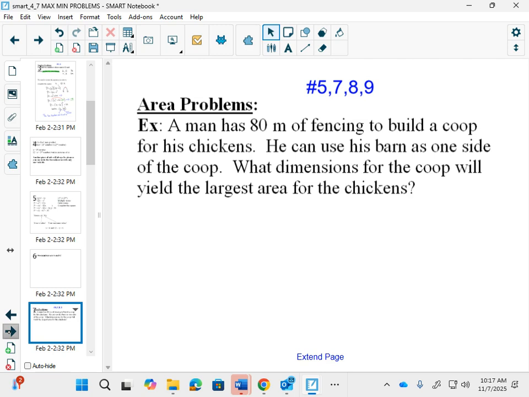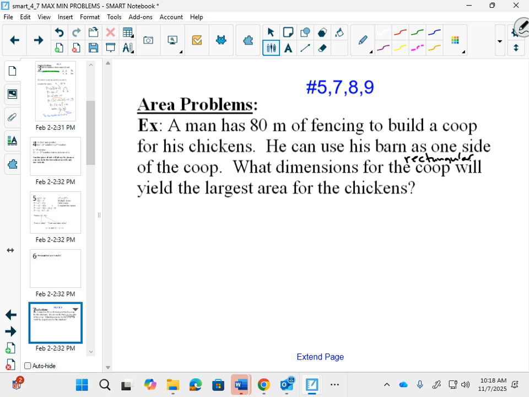And we are going to make it a rectangle. Now, the farmer can use the barn as one side of his coop, and he wants to give his chickens the most area possible. He likes his chickens. He doesn't want them to be confined in a small area.